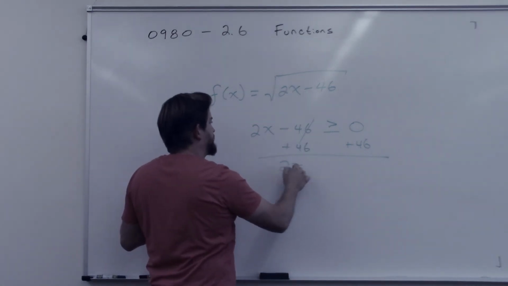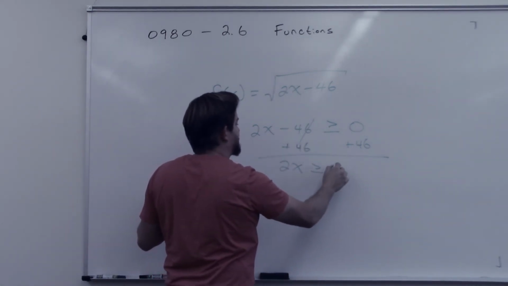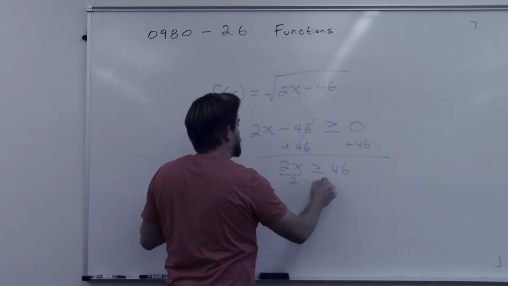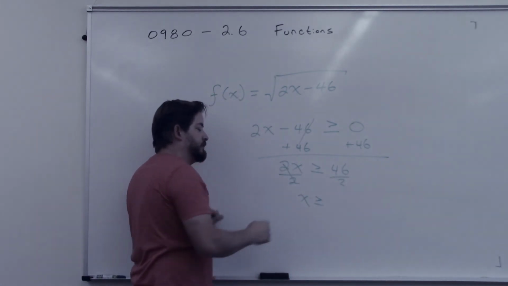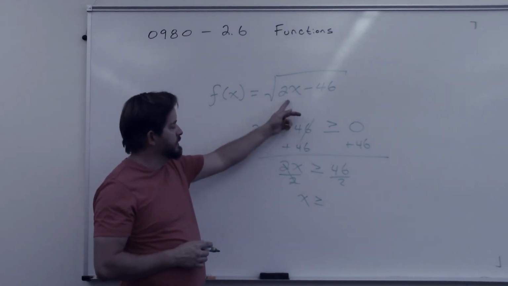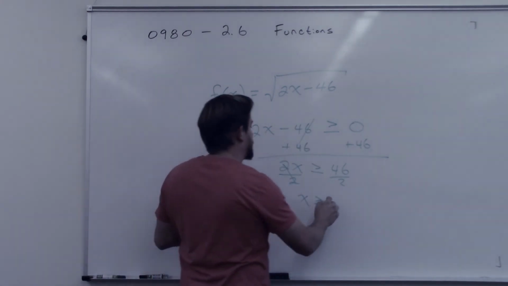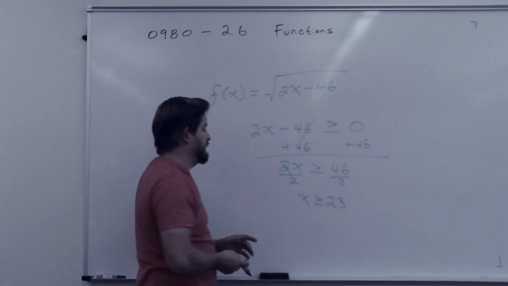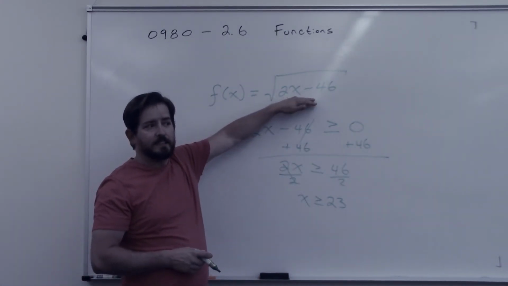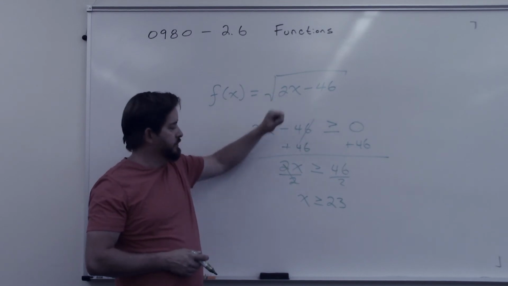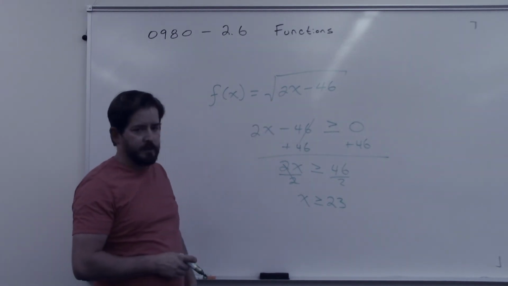This gives me 2x has to be greater than or equal to 46, dividing both sides by 2, and my x value, because that's what I really care about here, is what my x can be to make this work out. That simply has to be greater than or equal to 23. If I go less than that, 2x minus 46 will be less than 0, and I can't take the square root of less than 0. So that's my domain here.